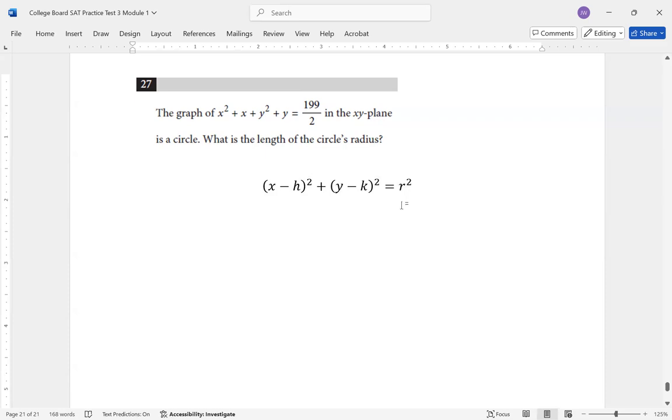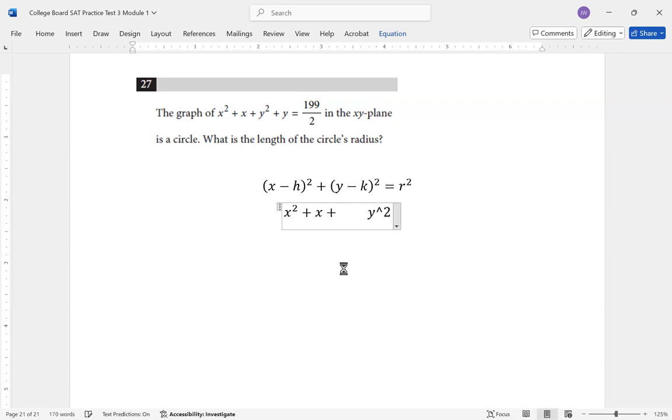Now there's other ways to do this as well. If you have the ability to graph this circle, then that's perfectly fine, and you can look at the graph. But this is the option that I'm going to do. x squared plus x, to make a perfect square, I'm going to have to add another number.